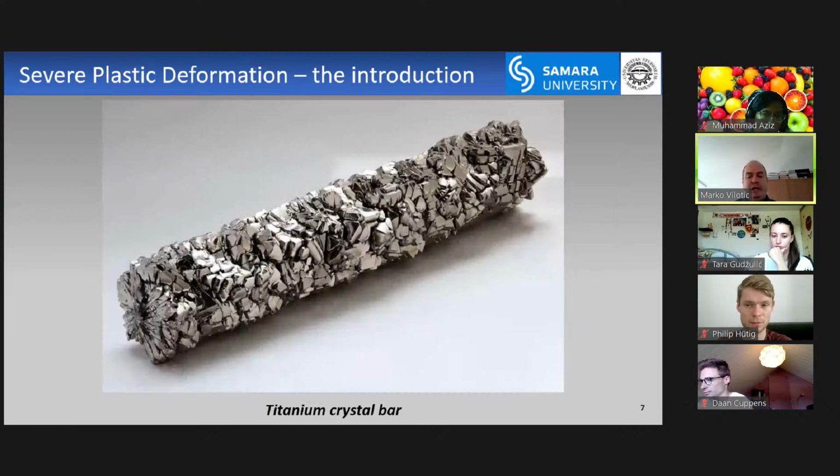This is also a titanium crystal bar, and you can clearly see the crystal grains. We call them grains, but the full name should be crystal grain, or just one crystal. Let me remind you that in each crystal, the arrangement of atoms is the same inside the crystal.